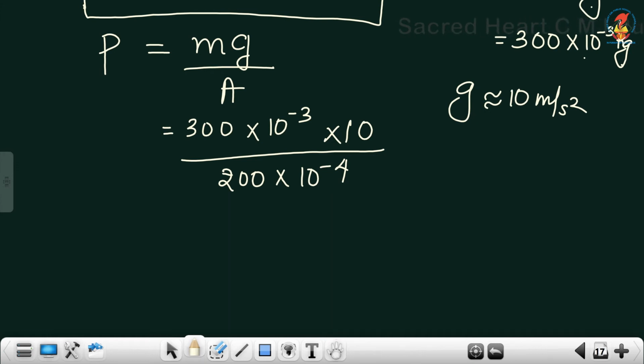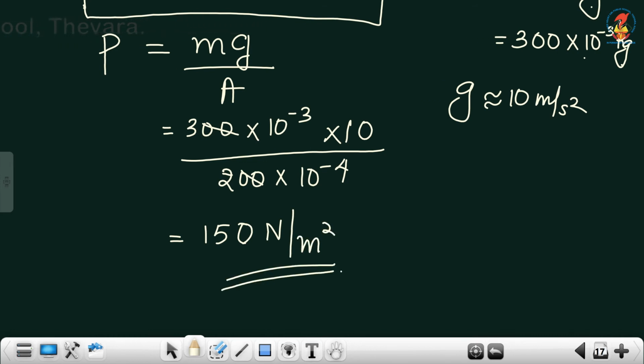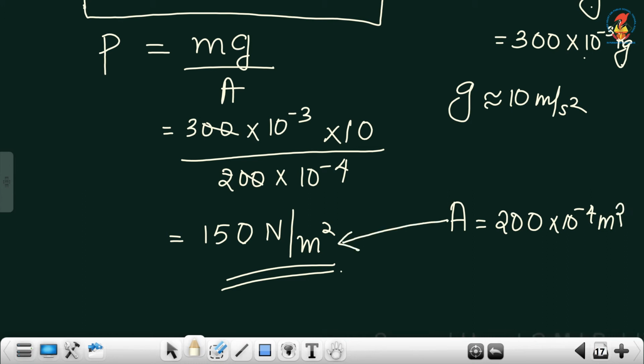On solving this, we will get the answer as 150 Newton per meter square or 150 Pascal. So, the area of contact was 200 into 10 raised to minus 4 meter square and the pressure we got as 150 Newton per meter square.